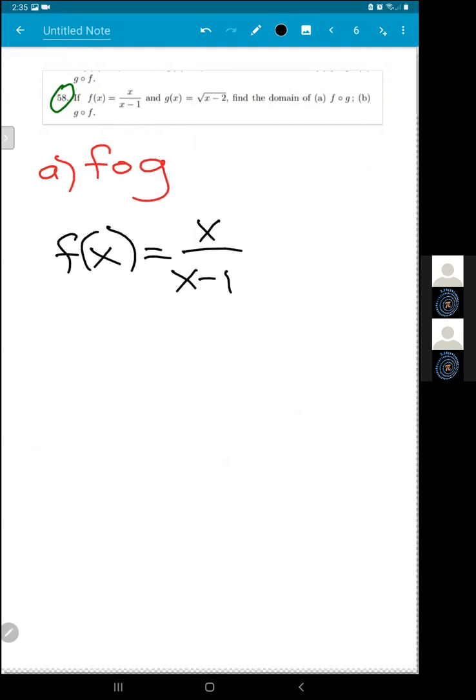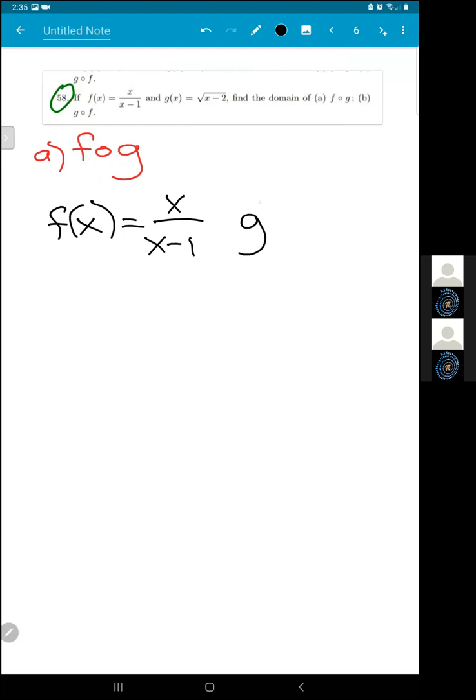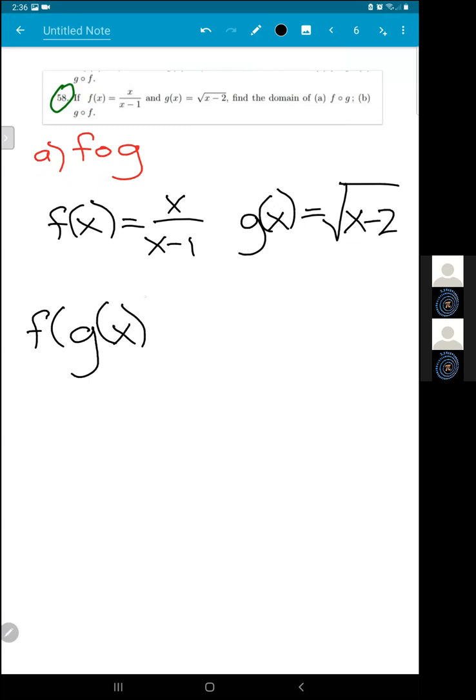And then g of x is the square root of x minus 2. First, you're going to find f of g of x. So that means you're going to plug in g of x into f. So here's g of x, plug it into this one here.